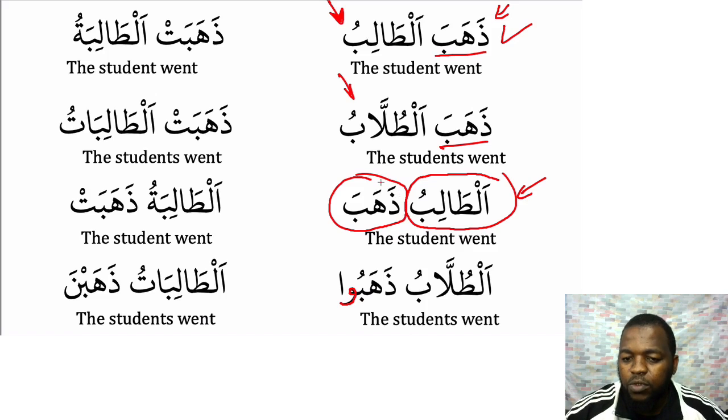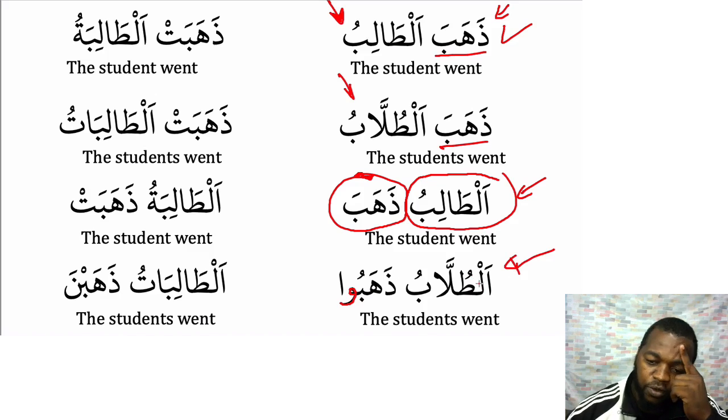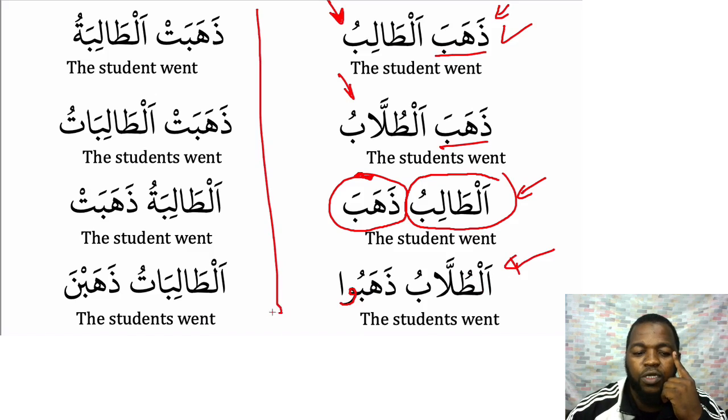And this is a verbal sentence where its verb is ذهب and its subject, the doer of the action, is hidden. So same classification, it's a nominal sentence. And this is for the feminine version, right?